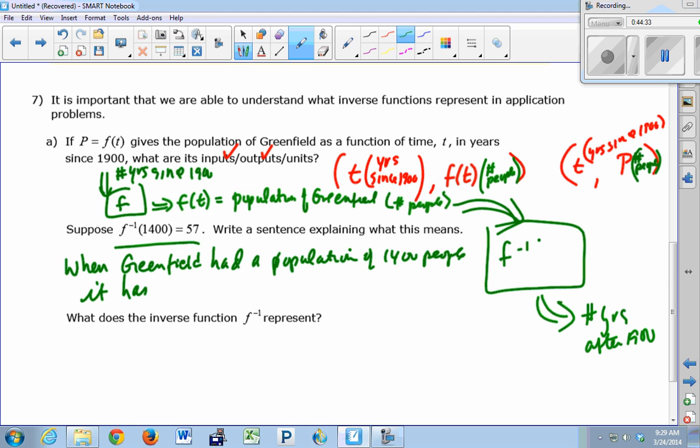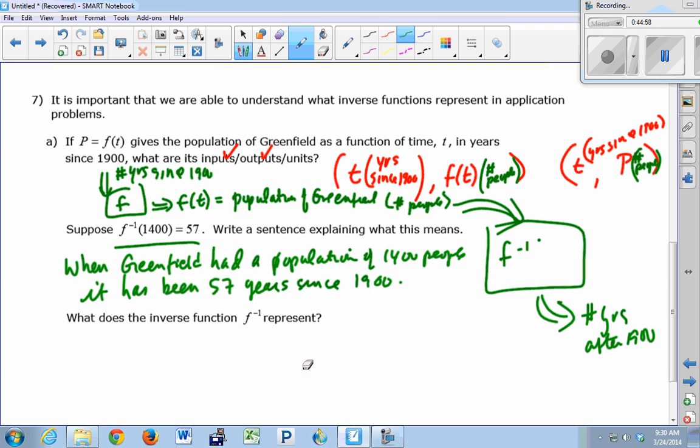It has been 57 years since 1900. Okay, that would be one way to write it. Notice he used both numbers and their units. Or someone else might say in 1957, the population of Greenfield was 1,400 people. It's another way to say it.